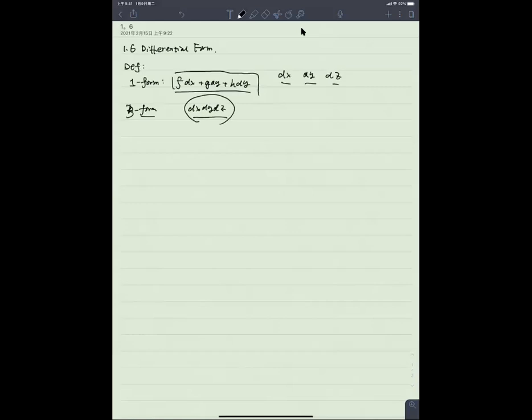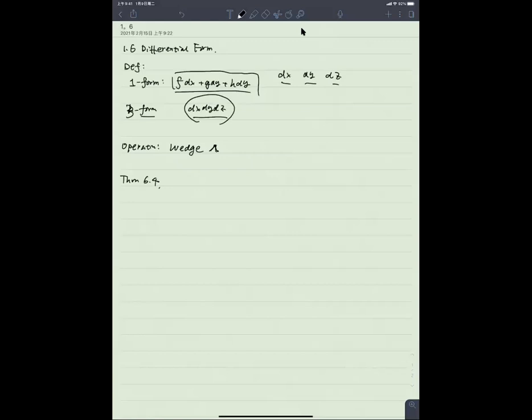And next, we should know some operations. The most important operation for differential form is wedge multiplication. So we can use this to represent it. I want to specify a theorem, which is theorem 6.4.